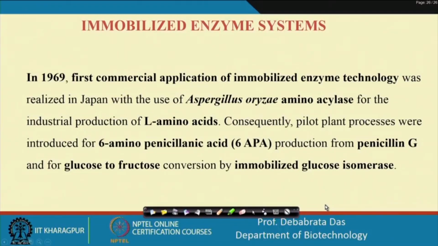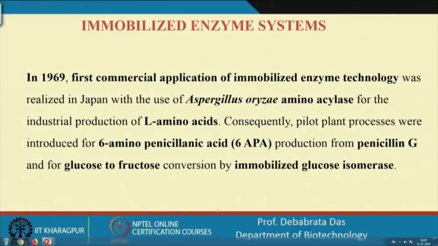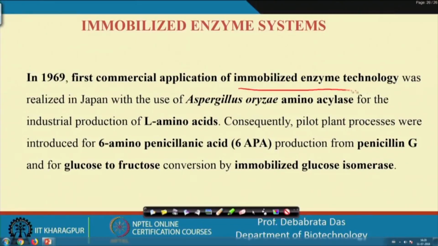In 1969, the first commercial application of immobilized enzyme technology was realized in Japan, using the Aspergillus oryzae aminoacylase for the industrial production of L-amino acid.